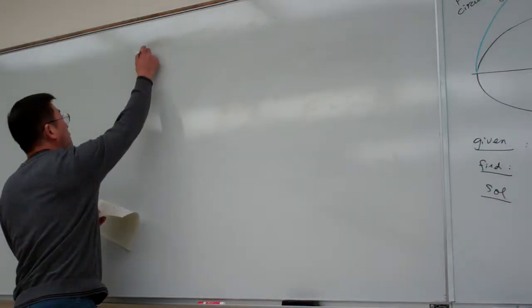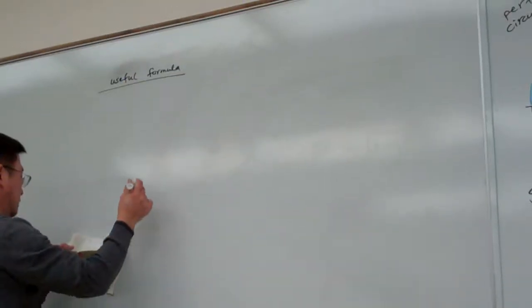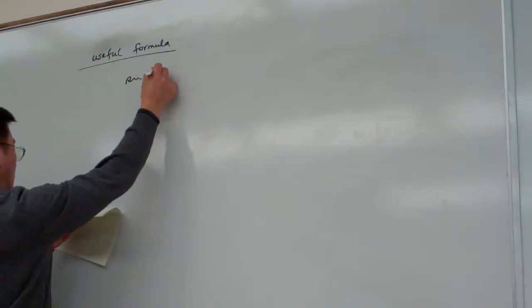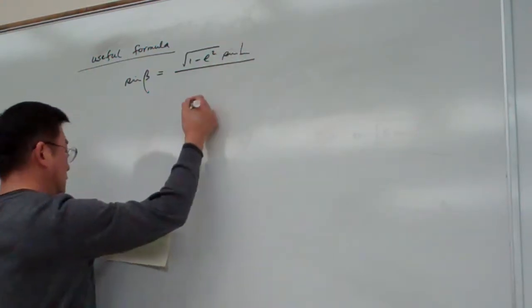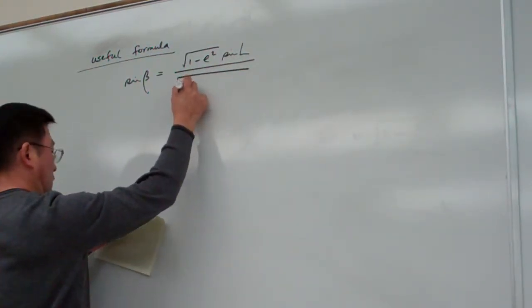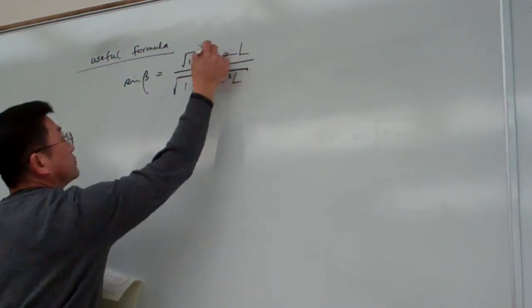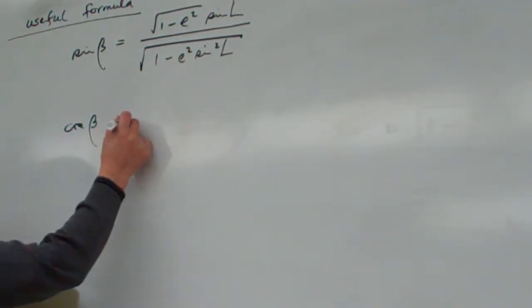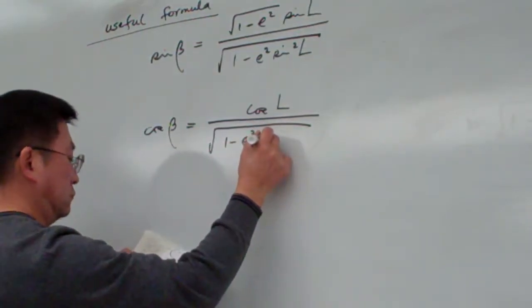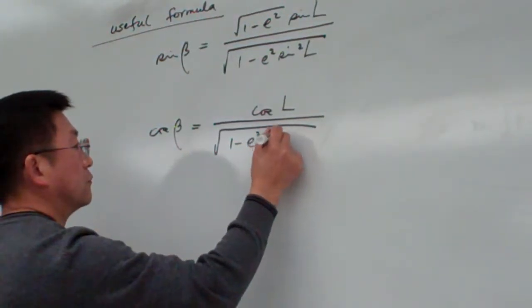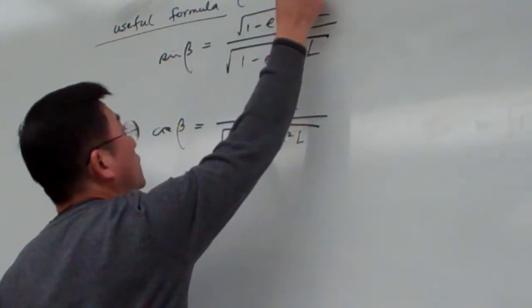Okay, so useful formula: sine beta can be described by the given information as sine L over the square root of 1 minus E squared sine squared L. So this is the first one. And then cosine beta.